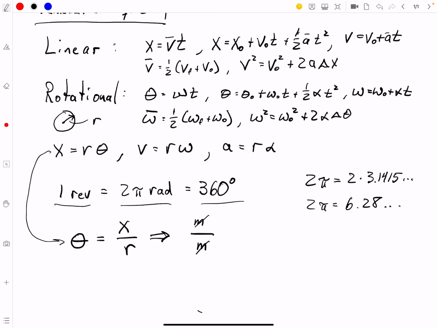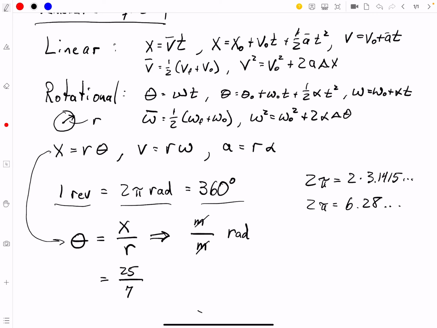Well, that's where the ghost of radians comes in, and you are left with radians as your unit. So let's say x was the number 25, and we give r the number 7.